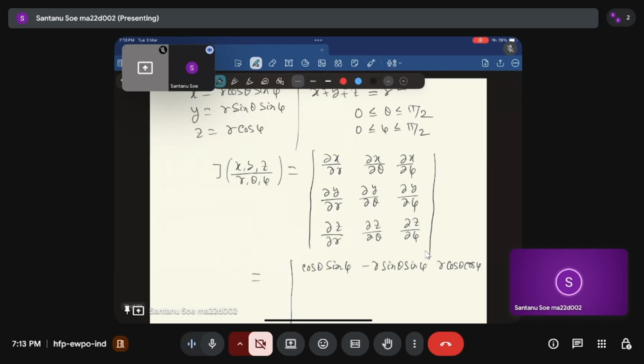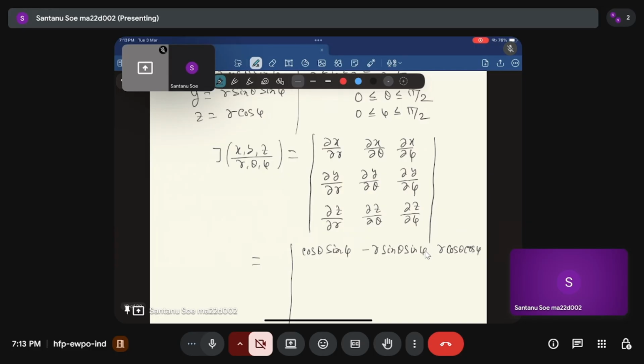Similarly, del y del r will be sin theta sin phi, and del y del theta will be r cos theta sin phi, and del y del phi will be r sin theta cos phi, and del z del r will be cos phi, del z del theta will be 0, and del z del phi will be minus r sin phi.